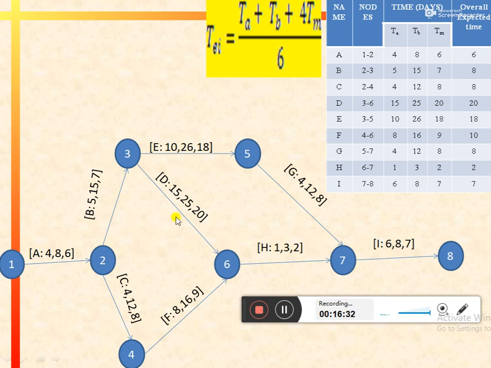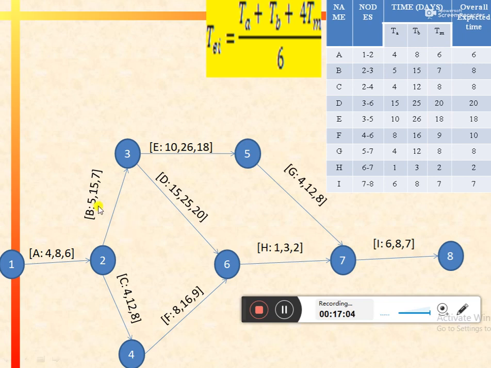So in this diagram we have shown the optimistic, pessimistic and most likely time for each activity with their respective names. Like for activity A, the optimistic time is 4, pessimistic time is 8 and the most likely time is 6. In a similar manner for other activities, we have given the optimistic, pessimistic and most likely time in the same sequence.